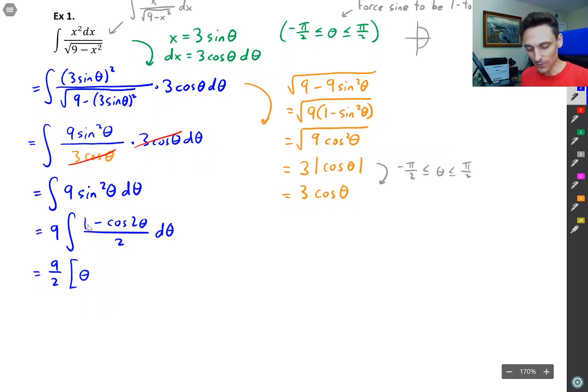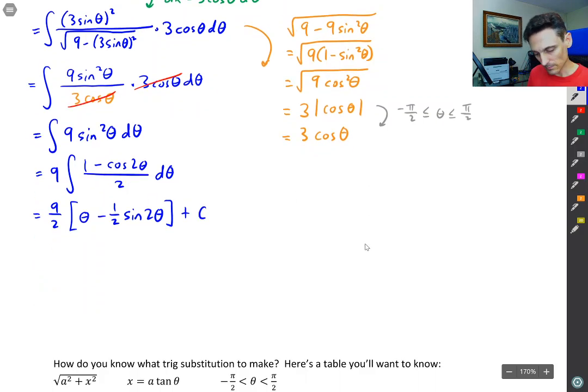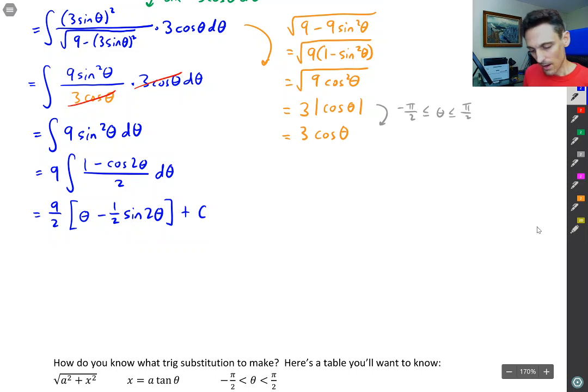And so the integral of 1 is theta. Now when we integrate cosine 2 theta, we're going to get a sine 2 theta. But what are we going to have out in front of that sine 2 theta? That's right, it's going to be a half. And we're going to put our little plus c. Okay, so we're done integrating.